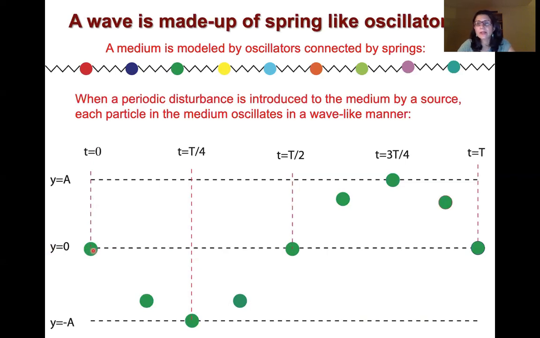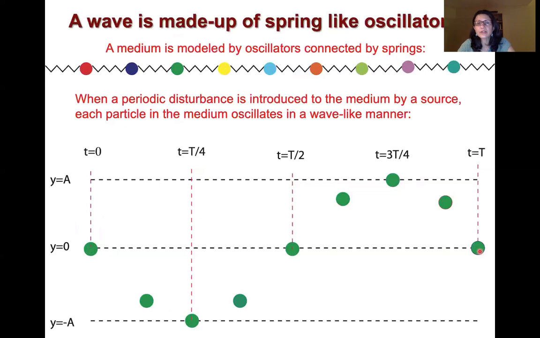Equilibrium means when the medium is not being disturbed, that's where it is. As this wave propagates through this medium, then this oscillator, if you imagine this being a transverse wave, would move up and down as this disturbance goes through the medium. This motion of up and down as a function of time is represented here, where in this case it's showing this oscillator first going down, and then going back up and returning to its equilibrium.